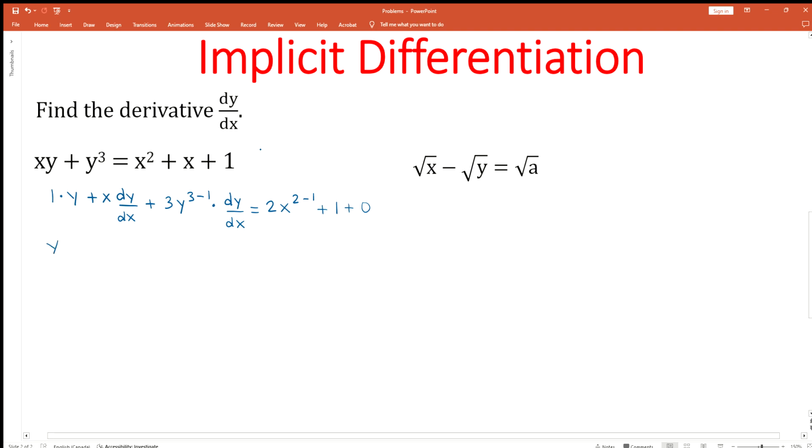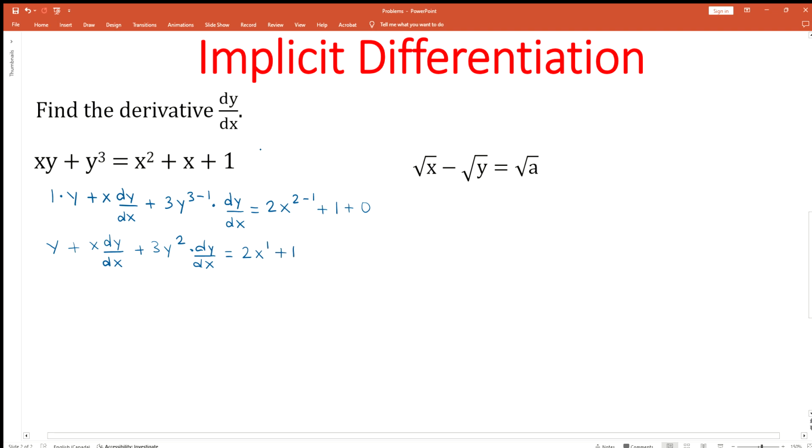1 times y is y. In the exponent, 3 minus 1 is 2. 2 minus 1 is 1.